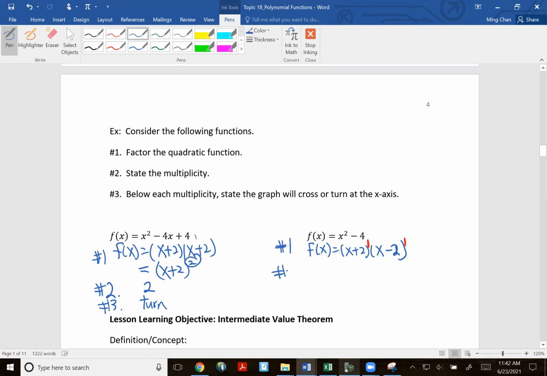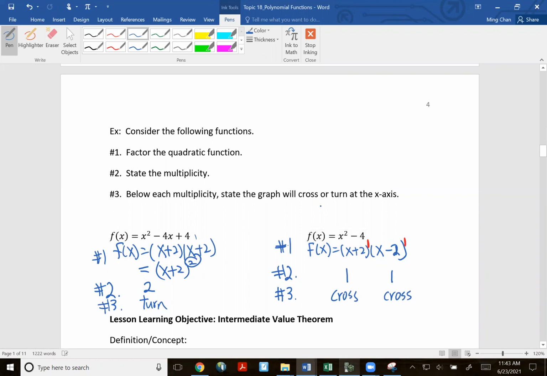So number 2, state the multiplicity. Multiplicity is 1 and 1. I have 2 zeros, so I will write 2 multiplicities. I have 2 factors, 2 zeros. Number 3, since both of them are odd, since the multiplicity is odd, then you will cross. So where would it cross at?